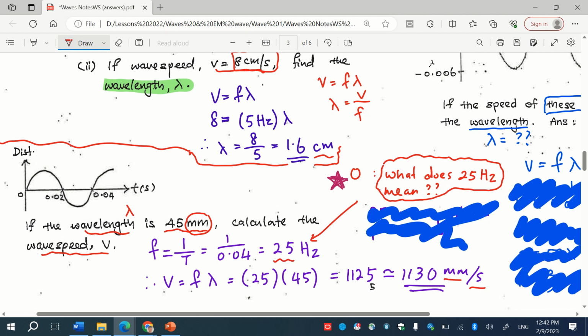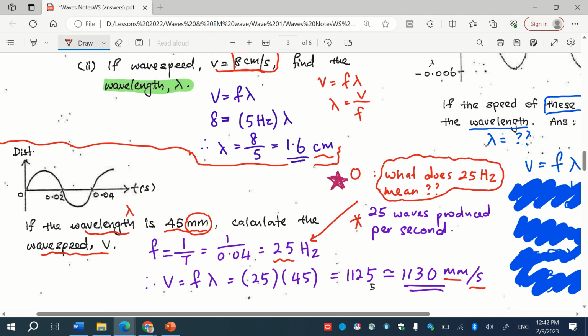A lot of students say it means the frequency is 25 hertz. That doesn't answer it. You need to tell me what it means in terms of wave. So recall, what is frequency? Frequency is the number of waves produced per second. So what does 25 hertz mean? It means 25 waves produced per second. That's what you need to know how to answer as well.